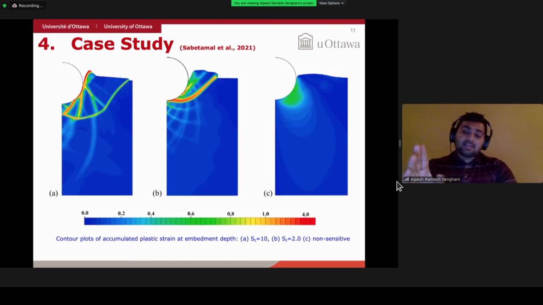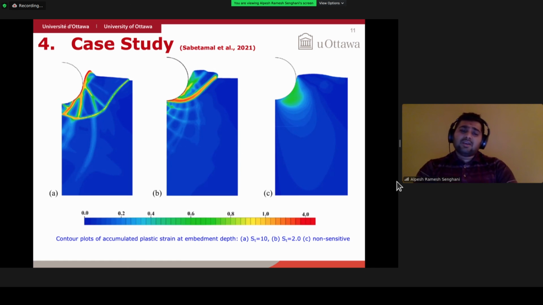You can see in the non-sensitive case, the plastic strain is uniform, with very nice shapes and all that. However, if you look at the more sensitive and the less sensitive, this shows the soft behavior of the soil, the softening. We have the softening and then we have the hardening, right? So this is really soft because you can see in the sensitivity of 10, we really have a deep circular failure slip surface. The slip surface is really deep in the sensitivity of 10.